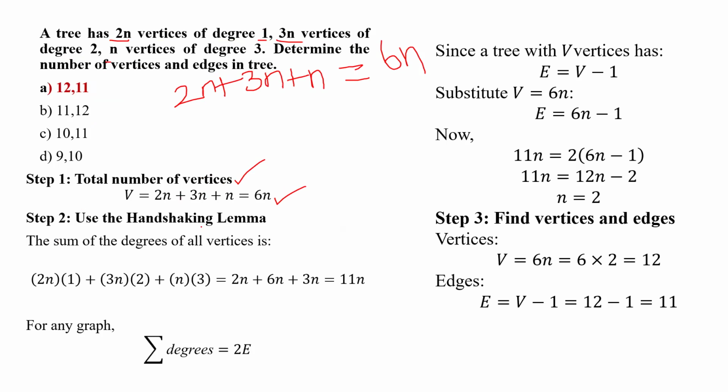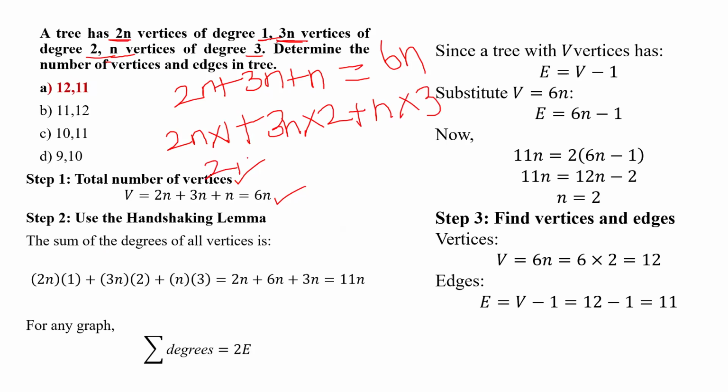Next, using the handshaking lemma, the sum of degrees of vertices, we have to find with the degree. So 2n into 1, plus 3n into degree 2, plus n vertices into degree 3. So n into 3 we need to find. What is the value?